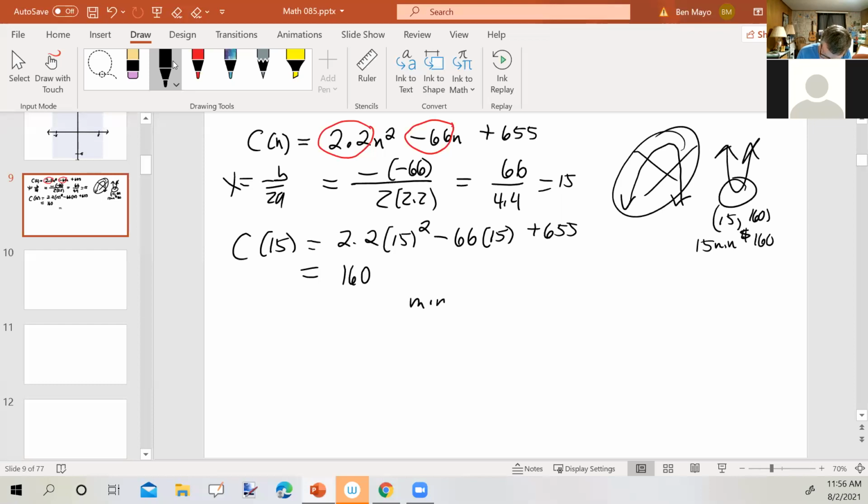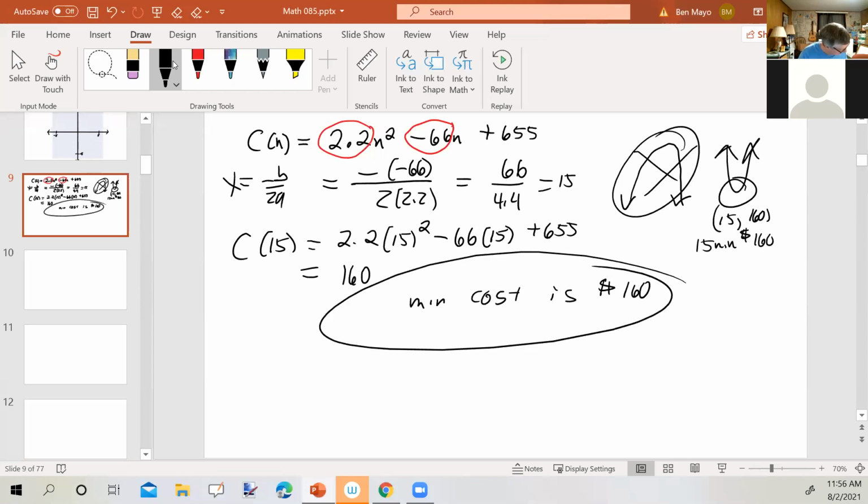So the minimum cost is $160. Now, for what number of minutes is the cost of running the machine a minimum? 15 minutes. So run this machine 15 minutes. That's going to produce the minimum cost, which is $160. All right. Any questions about this example?